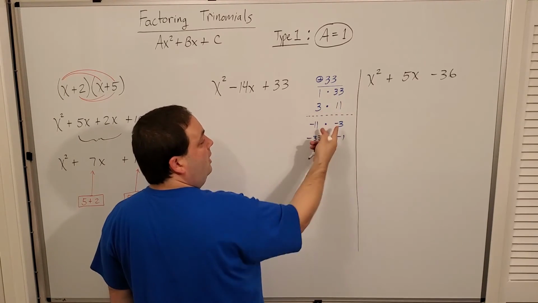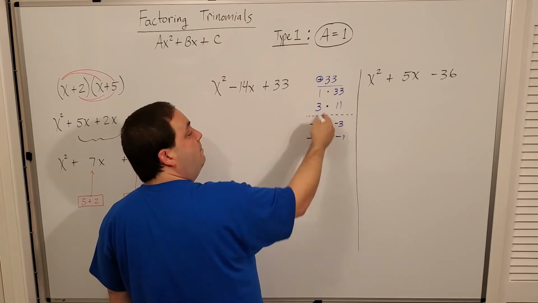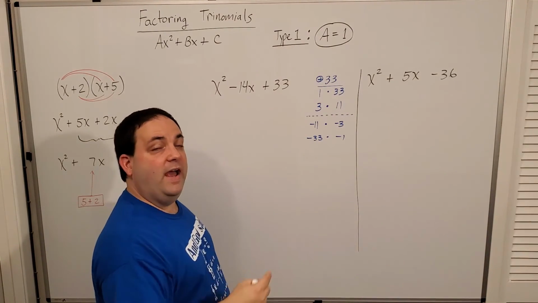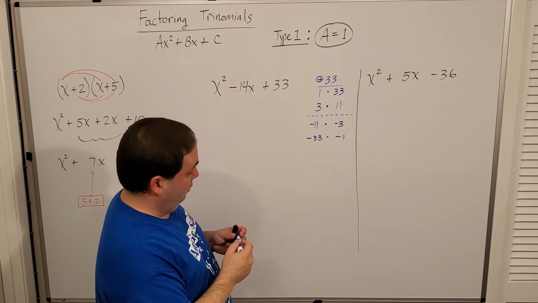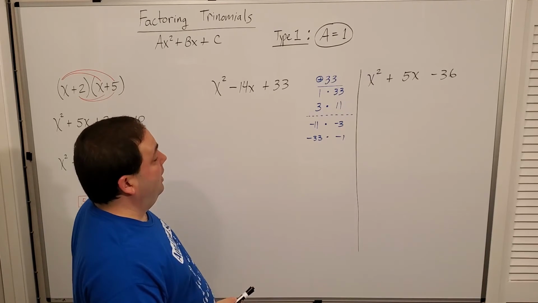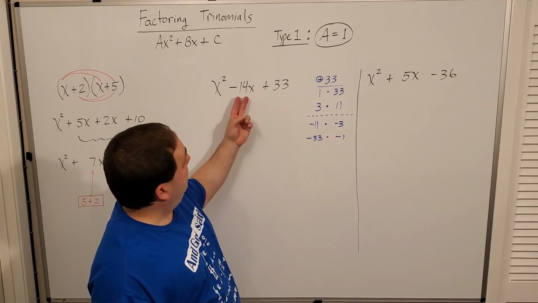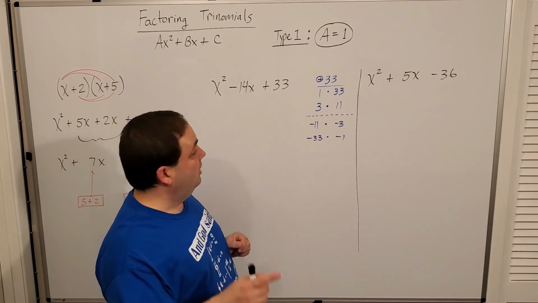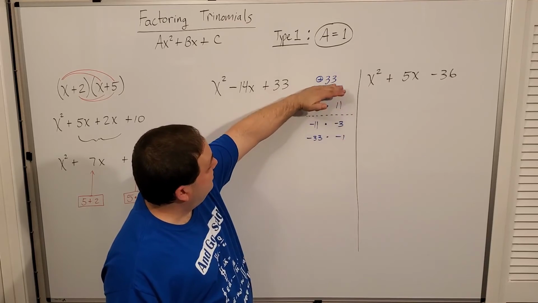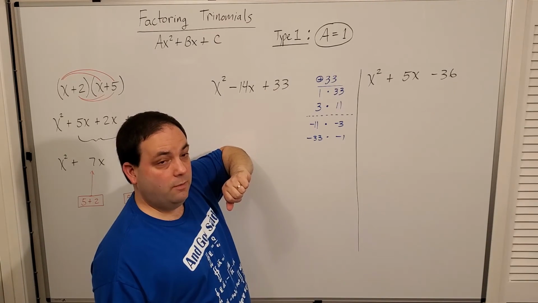Once I hit that wall and reverse, I know I just have to mirror image the other factors I've already found, okay? So now my goal is to just pick one of these from this list that add to get negative 14, because I've already gotten it from the list of things that multiply to 33.